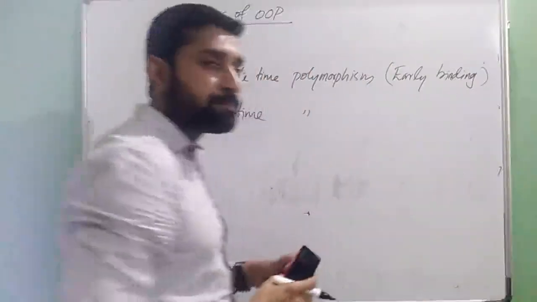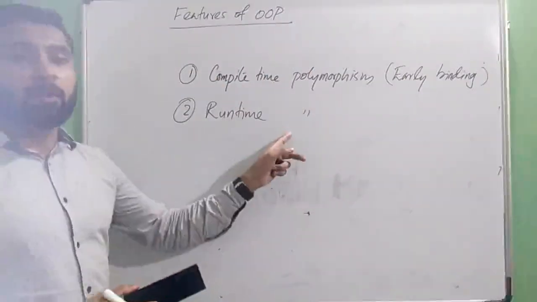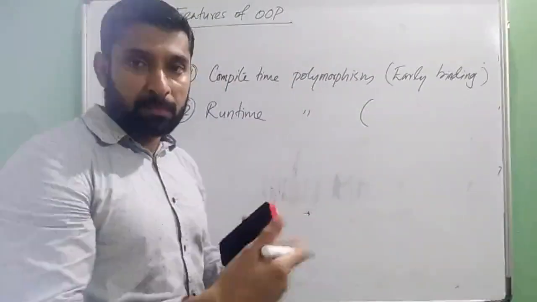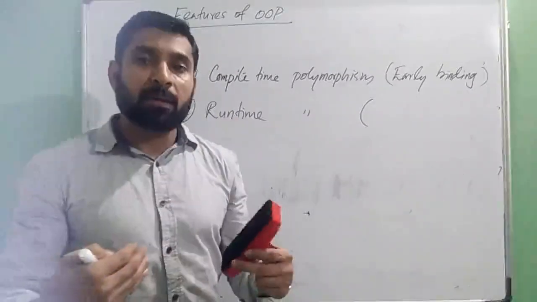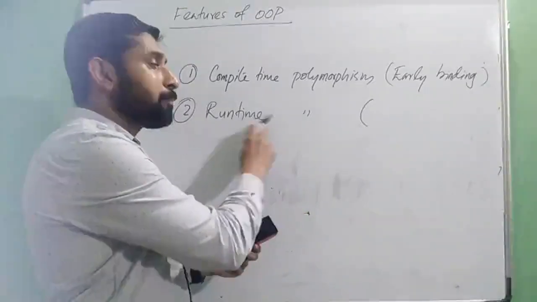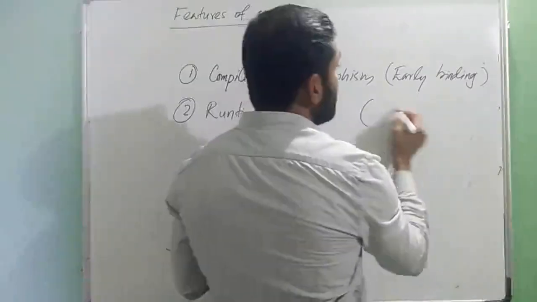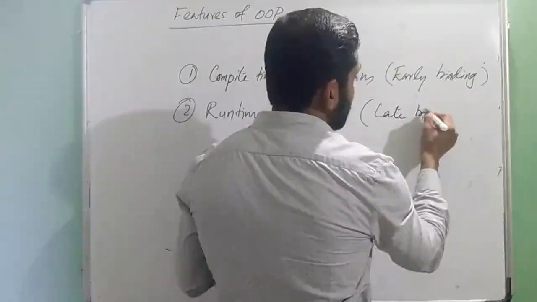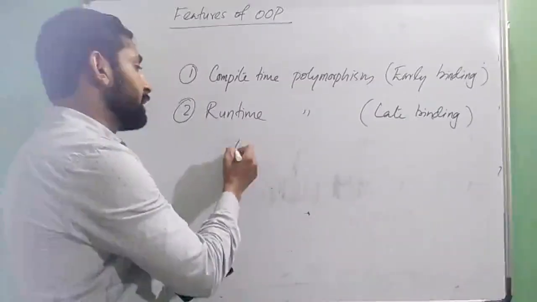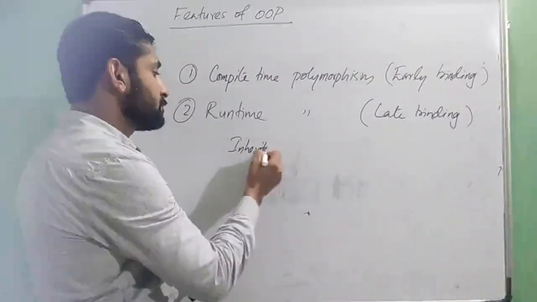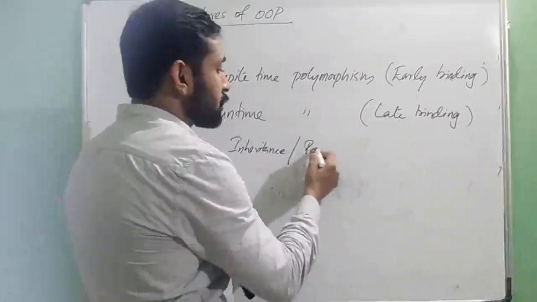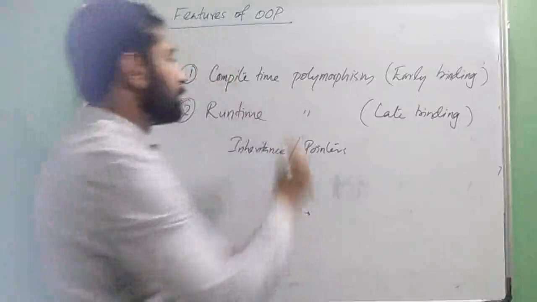Now, runtime polymorphism: the binding between the calling section and the called section is done during program execution. So it is called late binding. Inheritance as well as pointer operations are done during runtime.